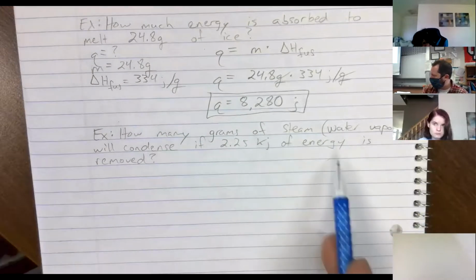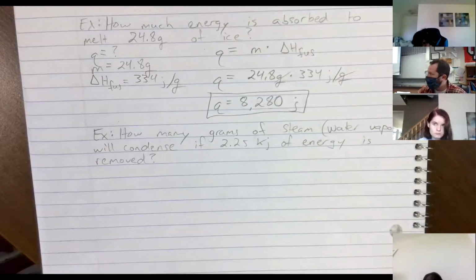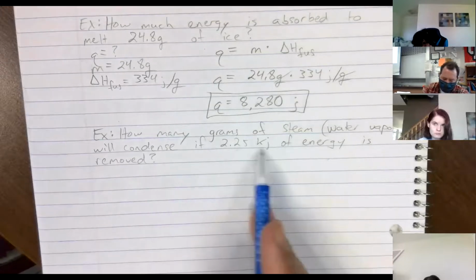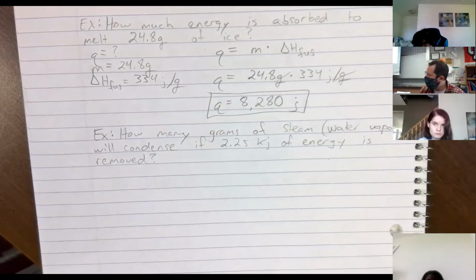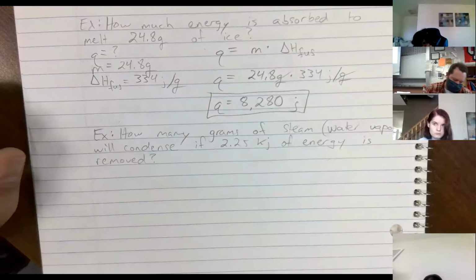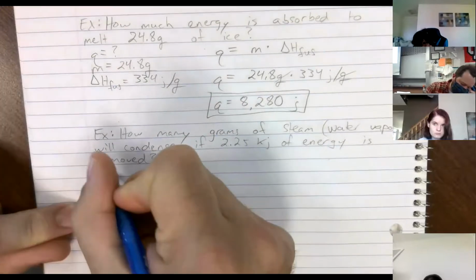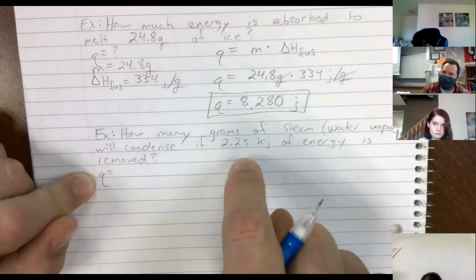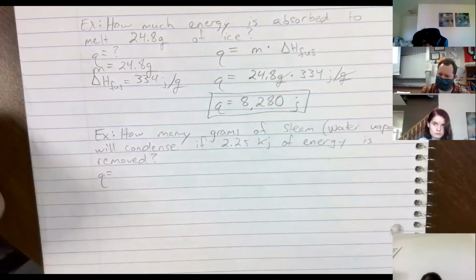Steam is water vapor. So steam is water in its gaseous state. Will condense if 2.25 kilojoules of energy is removed. All right, so pretty much same problem, but a little different. I like to list out my variables. Q is energy. They gave me the energy. Now this is key though.